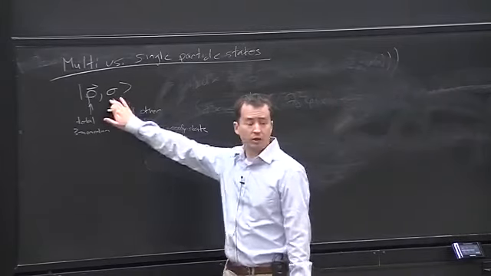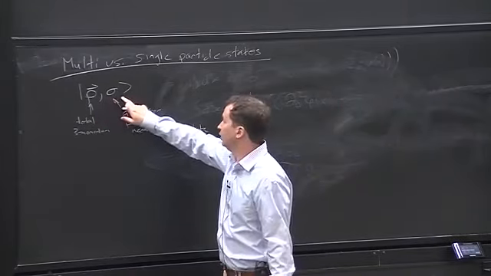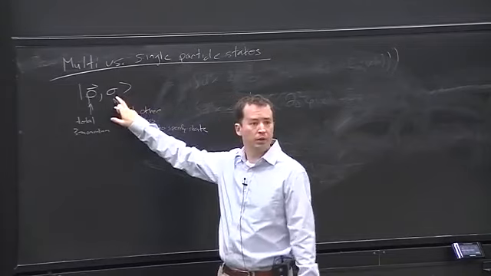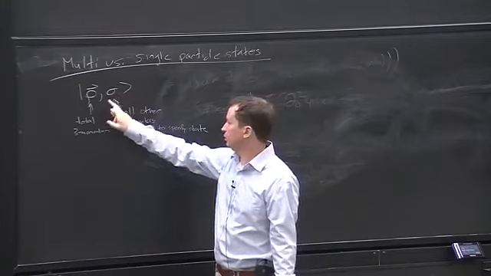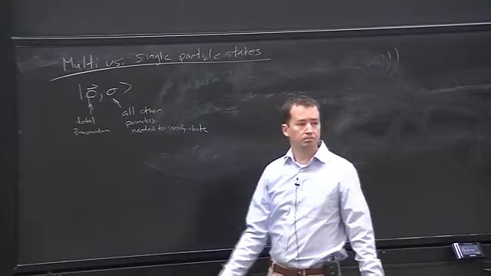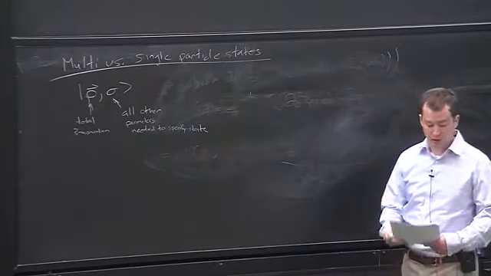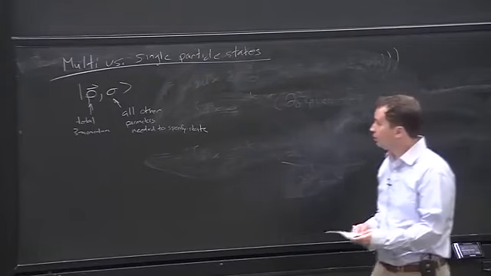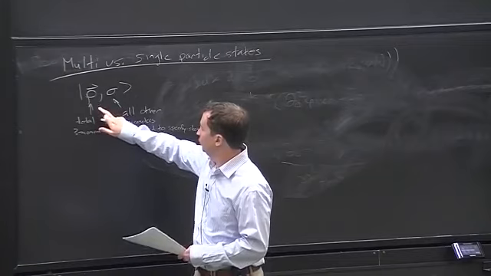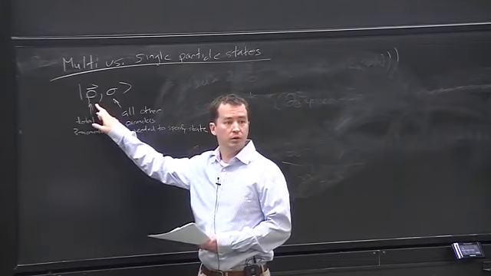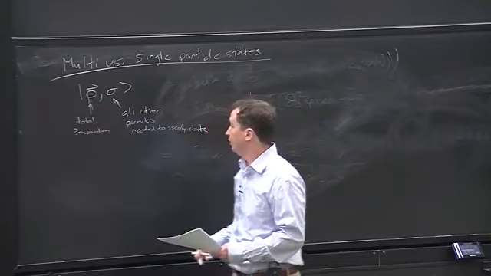So we won't really care about what other information is contained here. There'll be some discrete parameters like particle type labels and some continuous parameters like relative momenta. The one parameter that's going to be particularly relevant for us is the total three momentum.